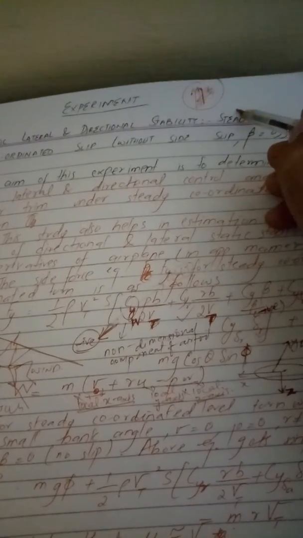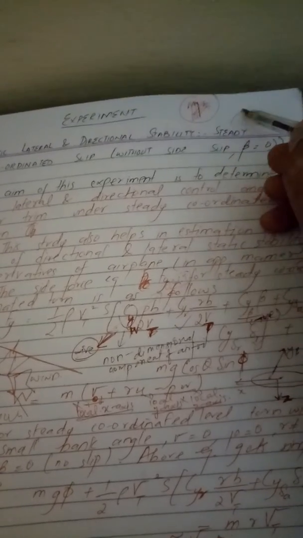The aim of this experiment is to determine the lateral and directional control angles for trim under a steady coordinated turn. If the aircraft is turning in a coordinated turn, what makes up the equation for that?